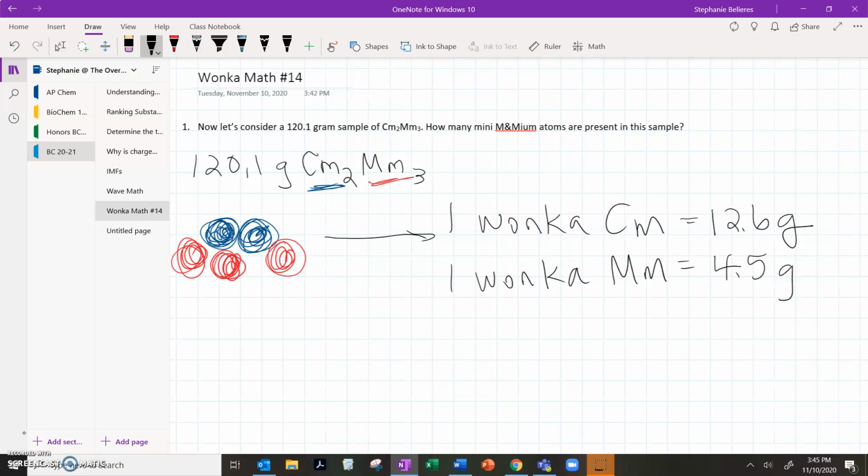So now I want to know what would be the mass of a Wonka of this mixture.